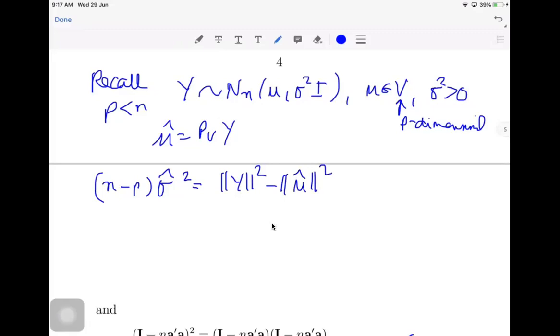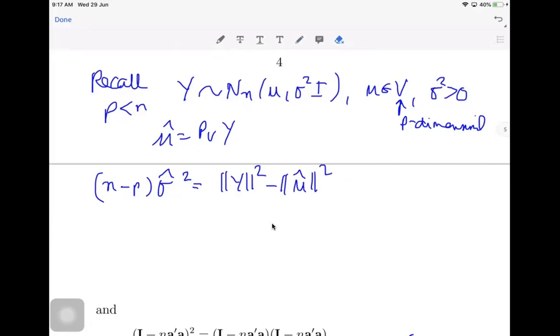So more or less it's similar, no? So you will have Y prime Y minus N times mu prime mu. Anyway, we'll do the multivariate later.